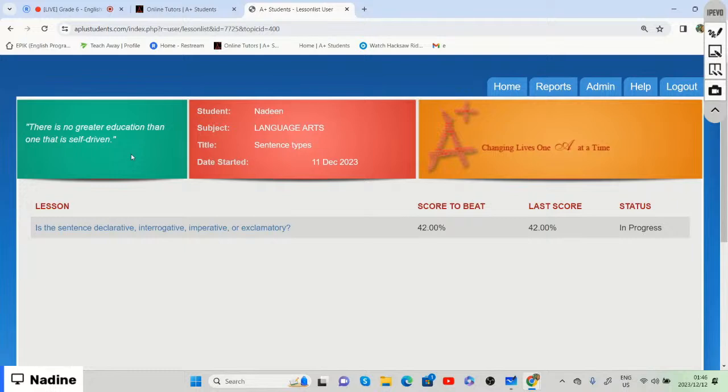So we spoke about sentence types, right? And we see that there are four different types of sentences. We have a declarative sentence, an interrogative sentence, an imperative sentence, and an exclamatory sentence, right?